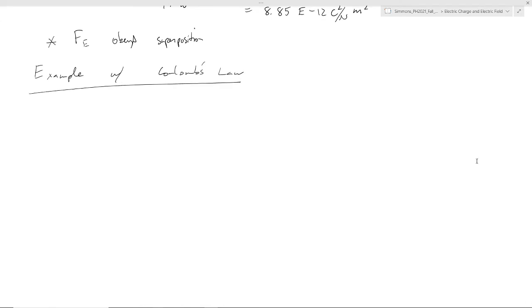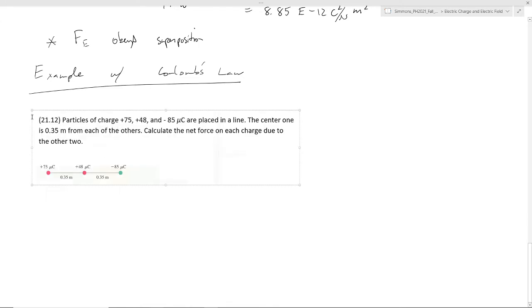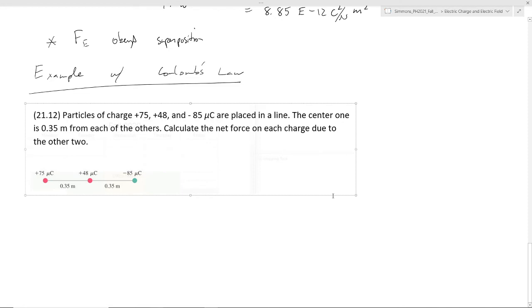Okay, so let me show you an example here. Let me paste in a question. Okay, so in this question, we have three particles of charge 75, 48, and negative 85 microcoulombs placed in a line where the center particle is 0.35 meters from each of the side ones.